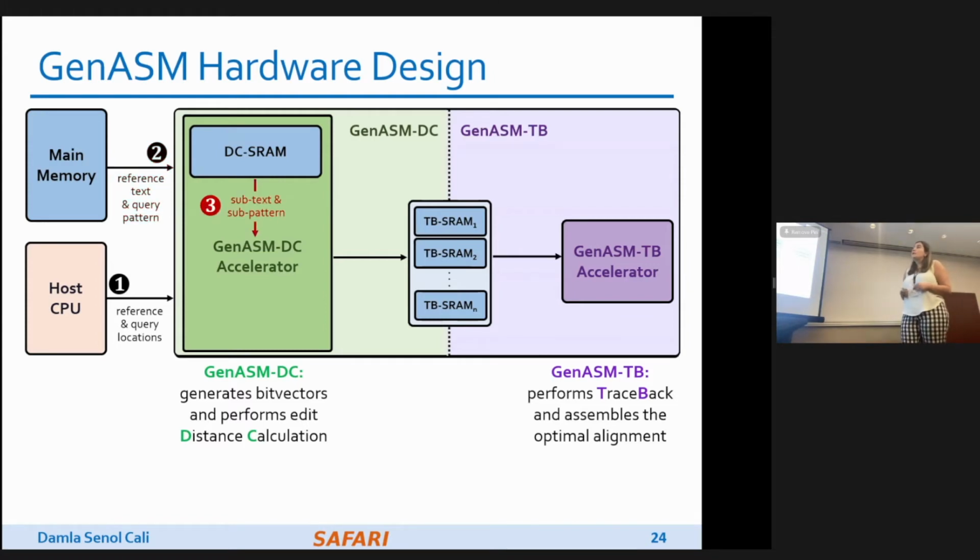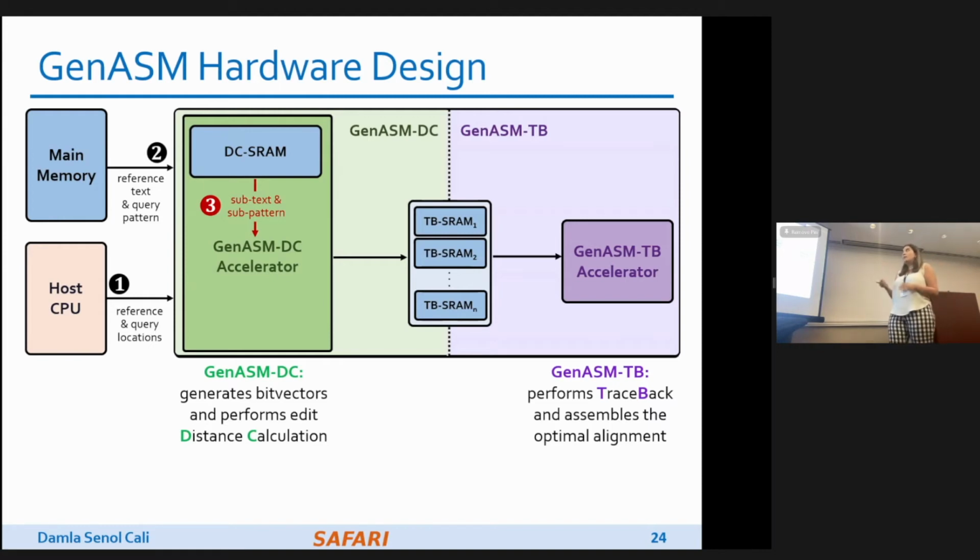And in Genome, we follow a divide and conquer approach in order to reduce the computational complexity plus decrease the memory requirements of the algorithm. So what we do is we divide the text and pattern into multiple overlapping windows and operate on each window and then move on to the next one. And then eventually we combine everything.